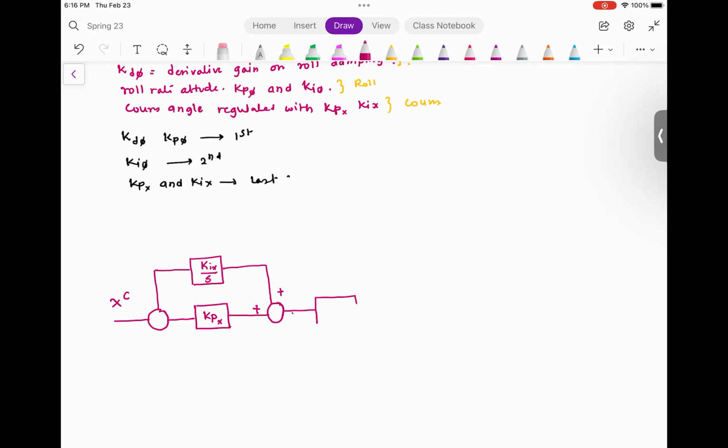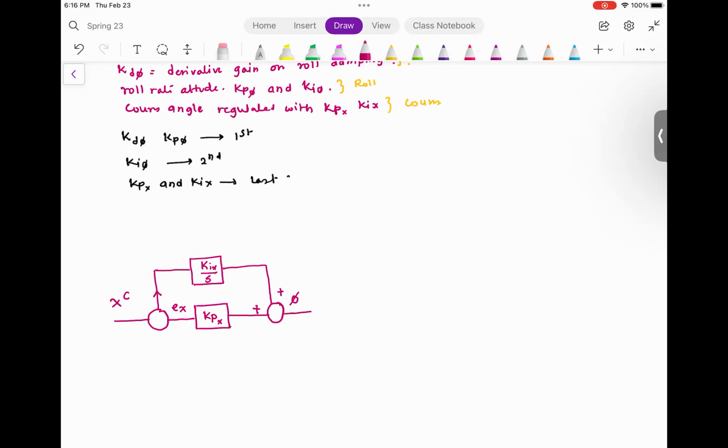Let me go here and tell you what is happening. We have course here, and at this point we are getting an error in the course. The error in the course gets multiplied through Kp and the integrated term, and it gets added over here. After this, you are going to have the roll.